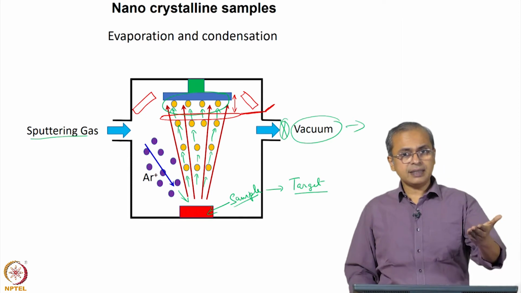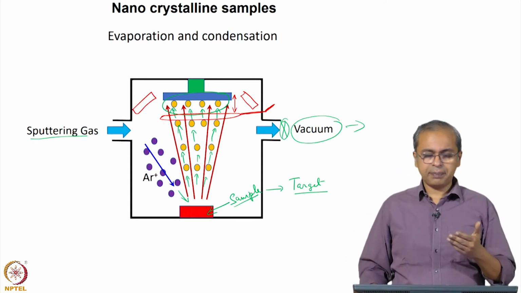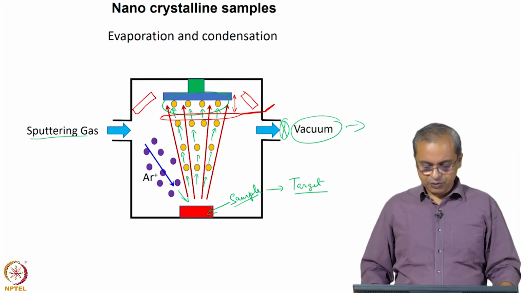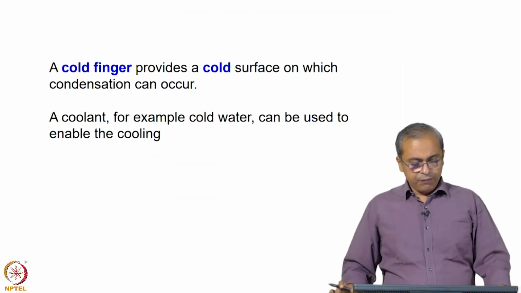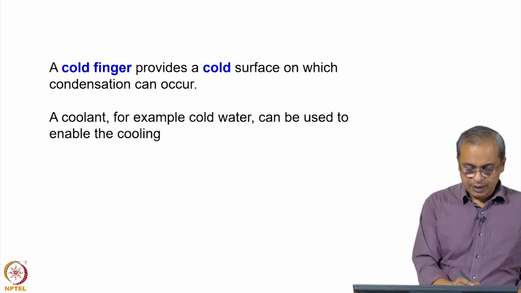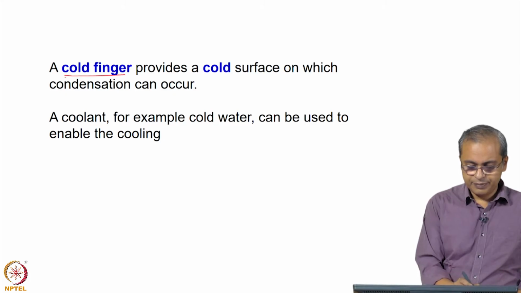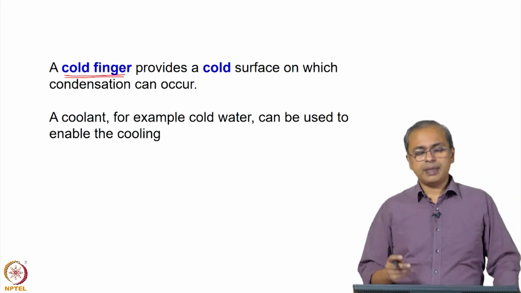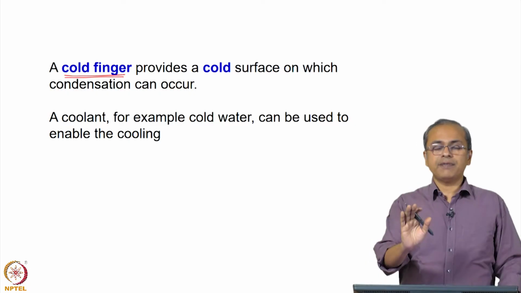So we have seen some ways of getting ourselves macrocrystalline samples, we have seen some ways of getting ourselves nanocrystalline samples. For the condensation process there is something called a cold finger. Okay, so in many of these condensation processes they will say that they have used a cold finger.